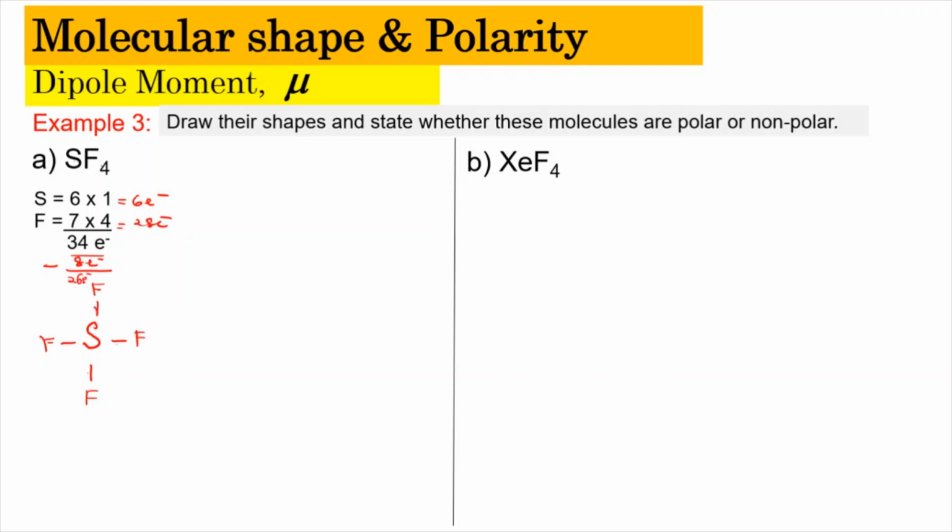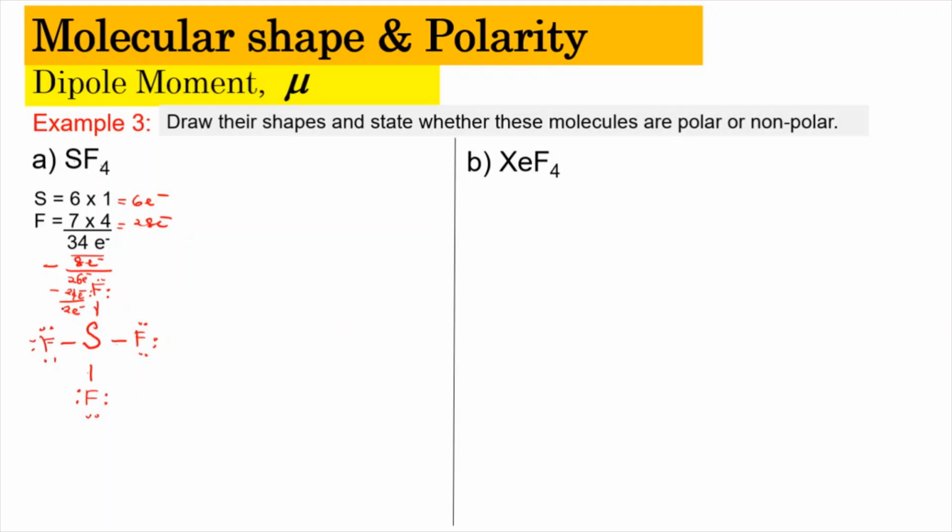The 26 electrons will be used to octet the terminal atoms, 6 on each fluorine. So we have used up 24 electrons, and we have 2 electrons balanced.